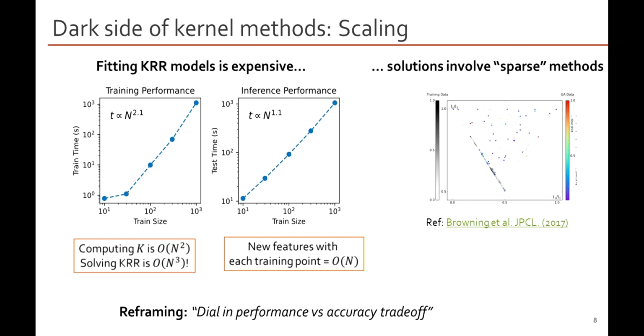So really, if I were to reframe this from being a problem with kernel methods to an opportunity, it allows you to dial in your performance versus accuracy. I can pick just enough training points to give me the computational costs that I want, and I can get a maximized accuracy in my machine learning model.